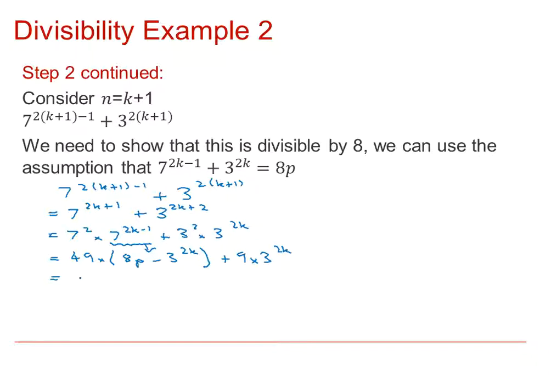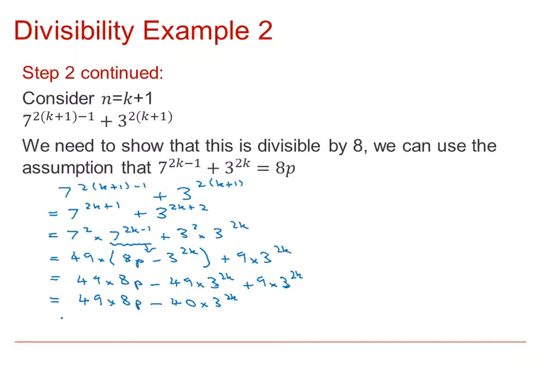So if we expand the bracket now, we've got 49 times 8p minus 49 lots of 3 to the 2k plus 9 lots of 3 to the 2k. And just tidying that up now, we've got 49 times 8p. We've got minus 49 lots of 3 to the 2k. We're adding on 9 lots of 3 to the 2k, so that's minus 40 lots of 3 to the 2k.